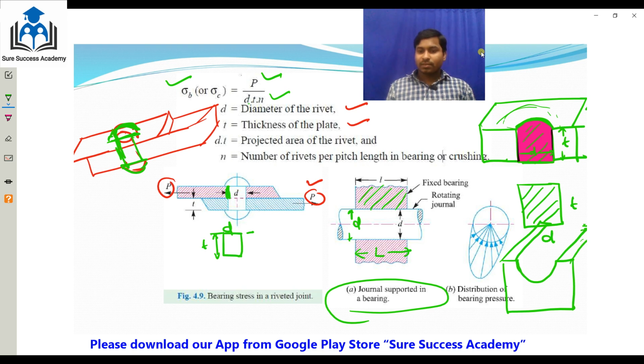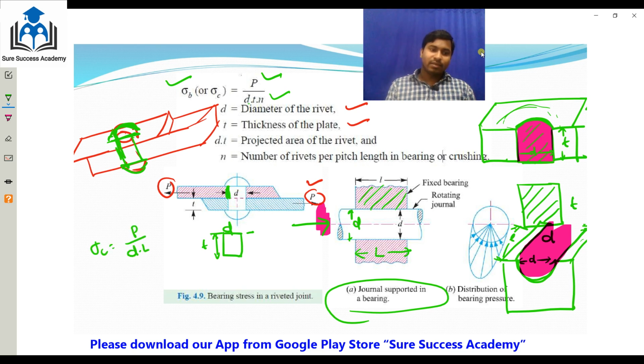This is actually the projected area, the compressive area. You will see this view, and then it is d into l. Here the crushing area will come as d into l, where d is the diameter of the shaft and l is the length of the journal.